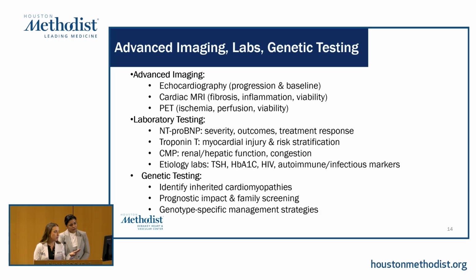So again, the labs that we use: BNP, troponin, some advanced imaging, echo, MRI, PET scan. Genetic testing is a big thing that we use to help identify inherited cardiomyopathies, and it gives us prognostic impact in family screening.